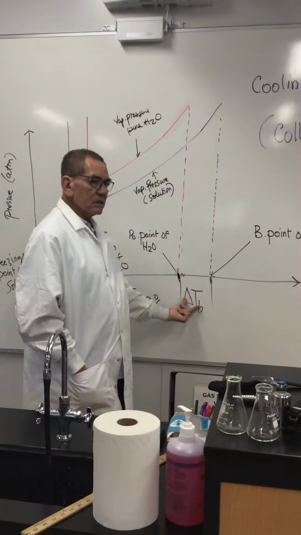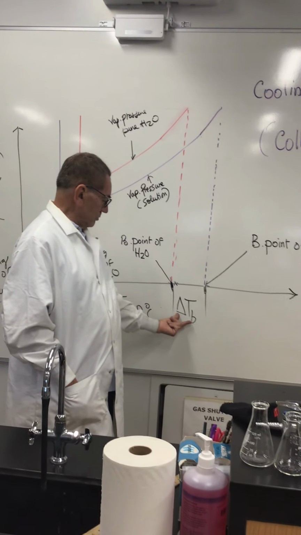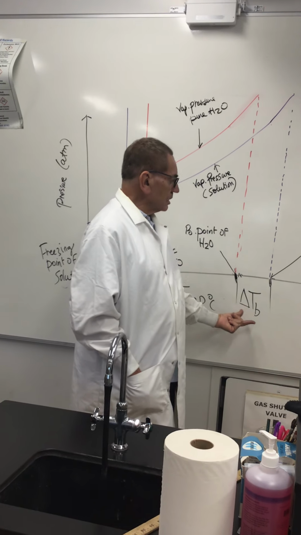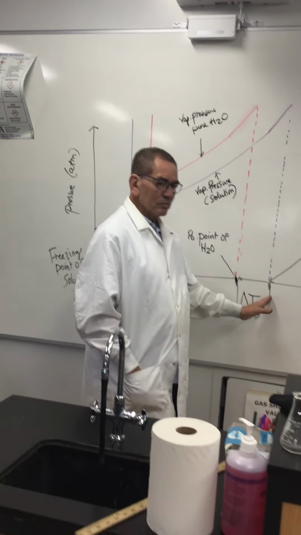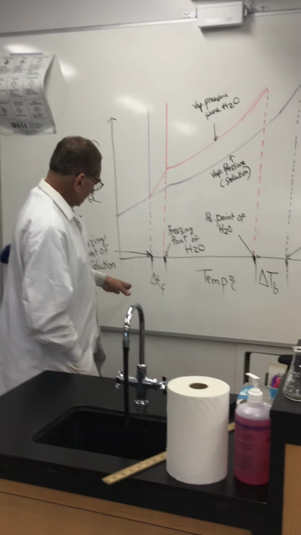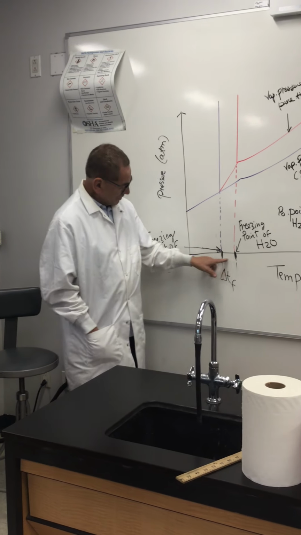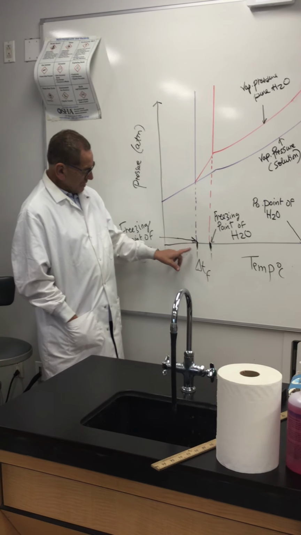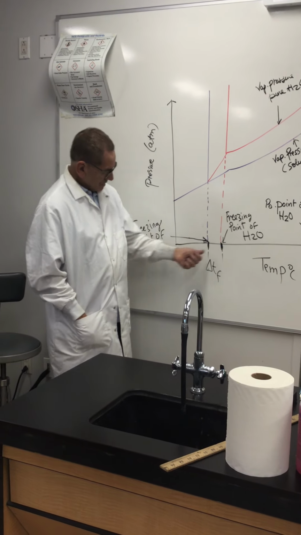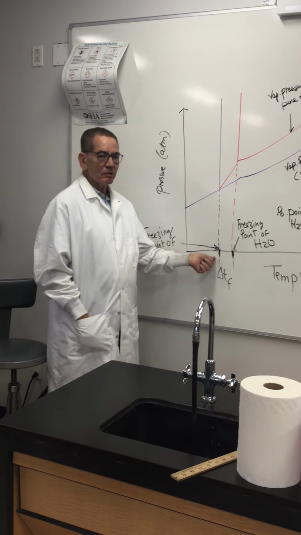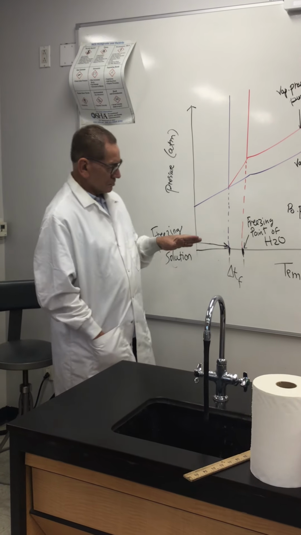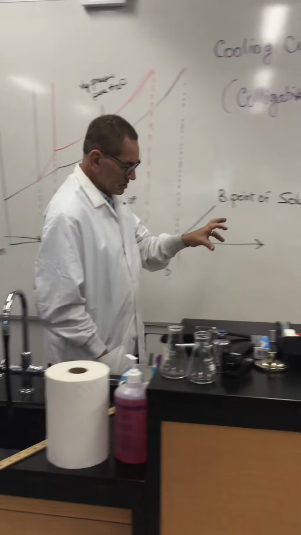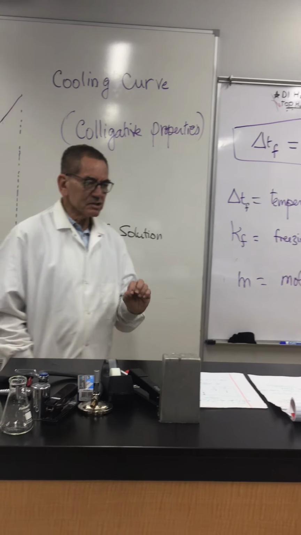That's the delta TB, the difference in boiling point. So there is an elevation of boiling point. By the same token, there is also a depression in freezing point. This is the pure water, this is water with salt, and there is a depression in freezing point. So as you recall, there is depression of freezing point and elevation of boiling point.